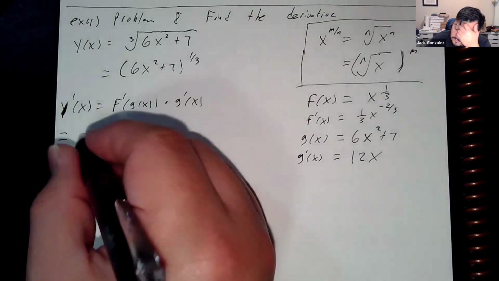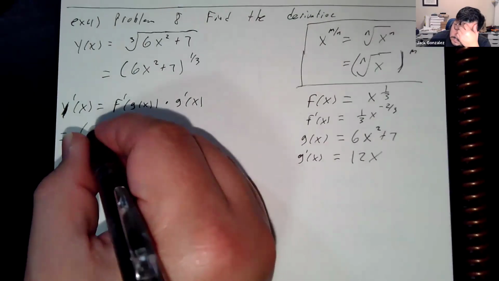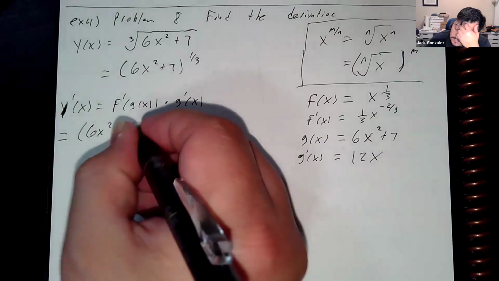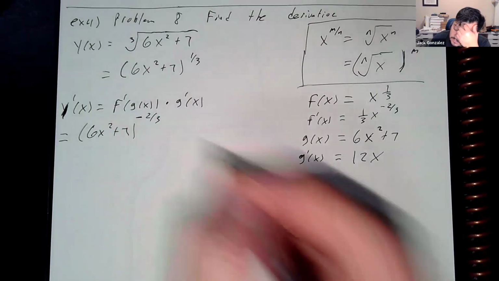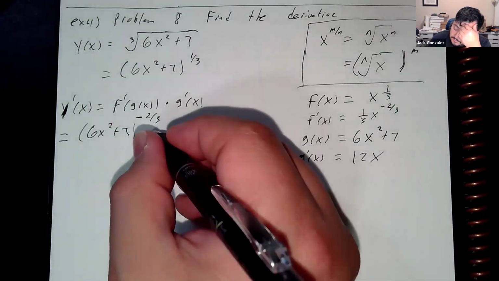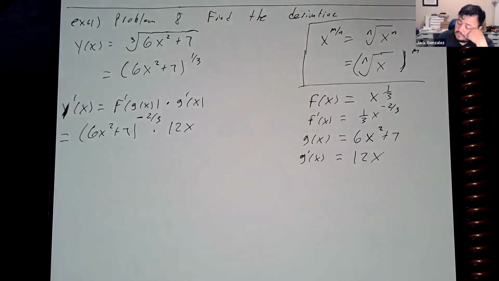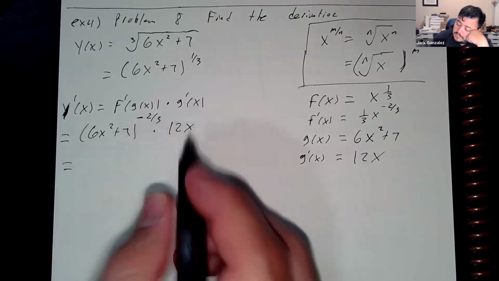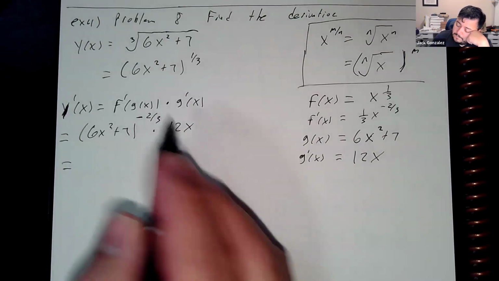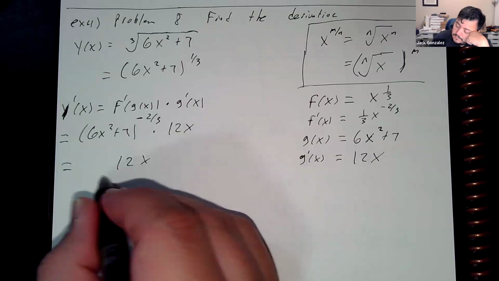Yes, that'll be, like you said, 6x squared plus 7 to the negative 2/3 times g prime. Okay. So this is negative, so bring that to the bottom. 12x over.